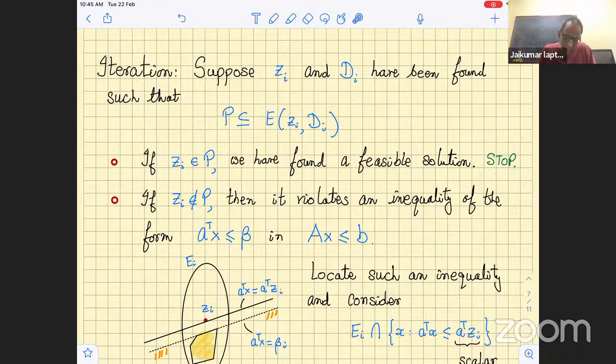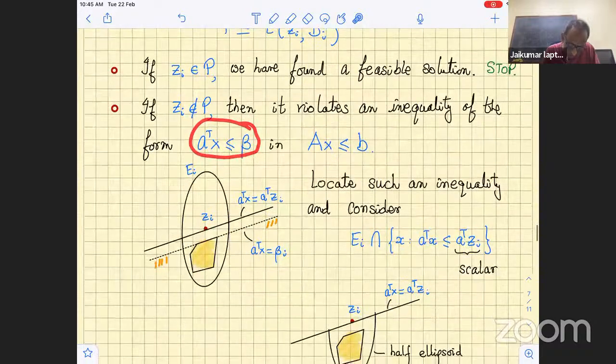Now, if it is not feasible, then anybody who is complaining is duty bound to give us some inequality, some row of this system, which is violated. Let it be this one. So what is happening?